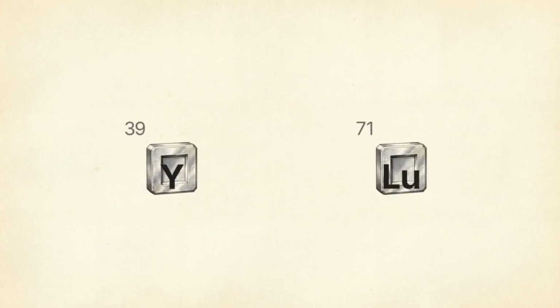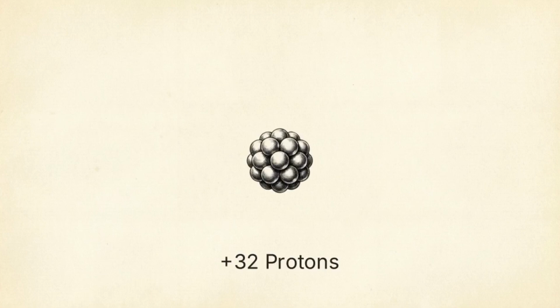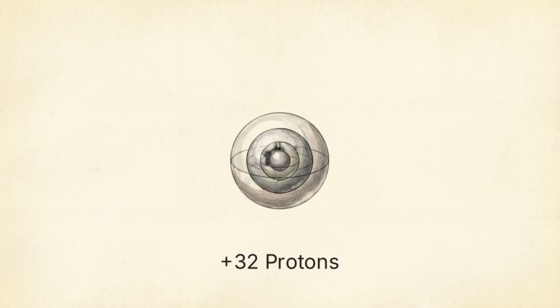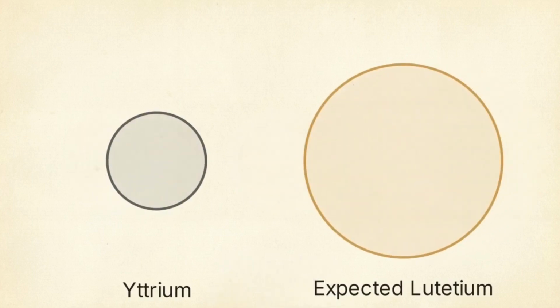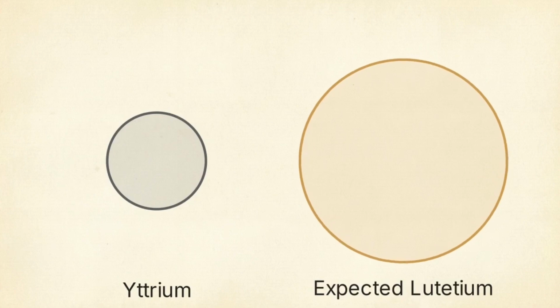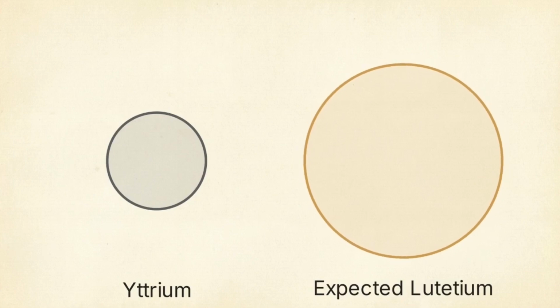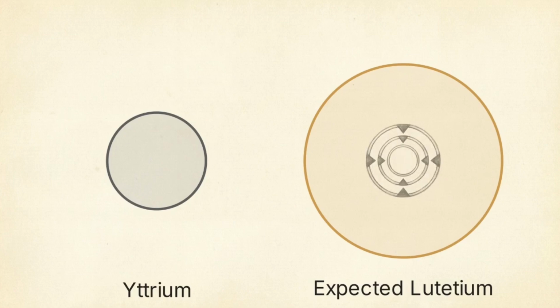At atomic number 71, lutetium has nearly double the atomic number of yttrium at 39. Physically, this means lutetium possesses an additional 32 protons in its core, surrounded by an additional 32 electrons. Basic atomic logic suggests that adding 32 extra protons and several new electron shells should result in a significantly larger atomic radius.